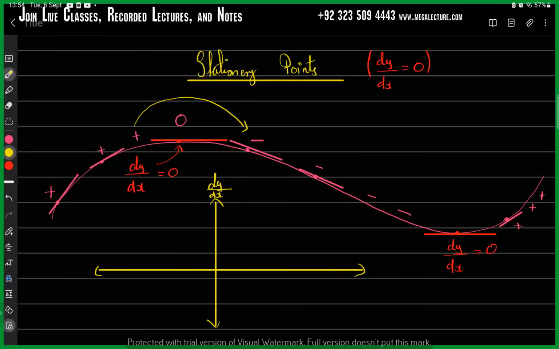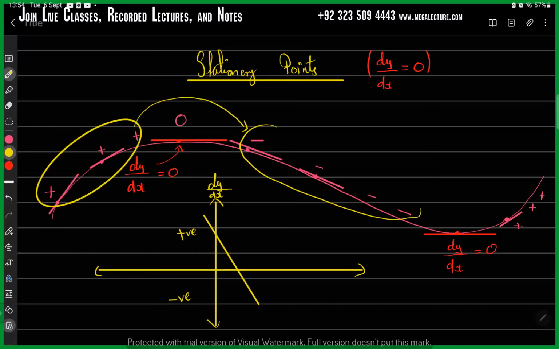That basically means, let's do it this way. This is the positive y-axis and this is the negative y-axis. This means that I'm going from the positive y-axis to the negative y-axis. Okay, this is clear. dy by dx is positive in the first half and then it's becoming negative.